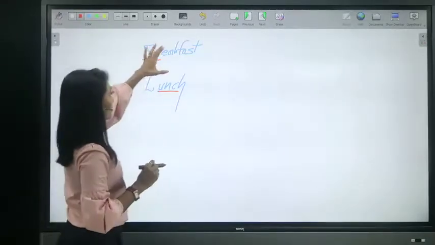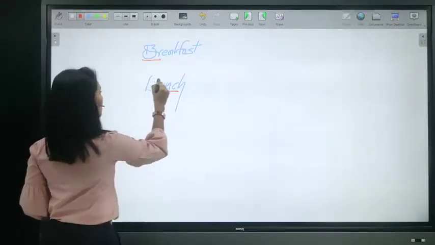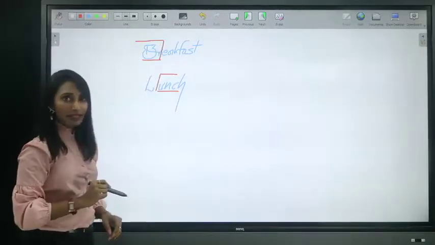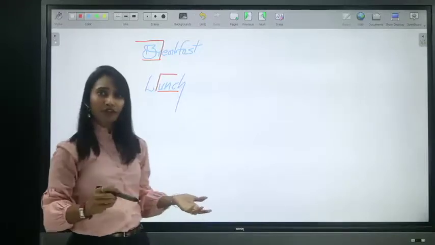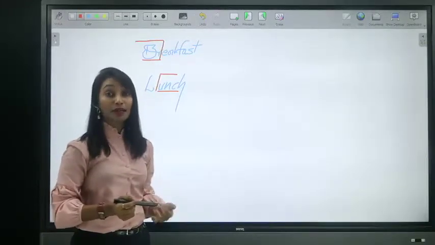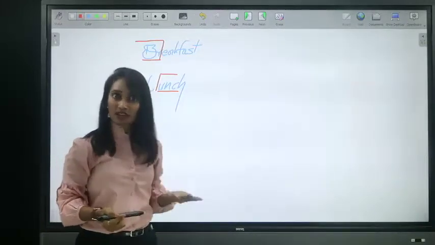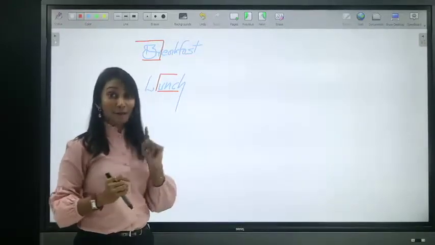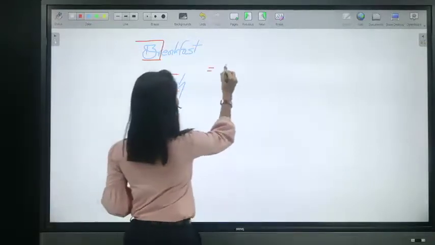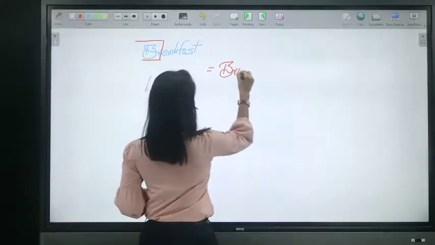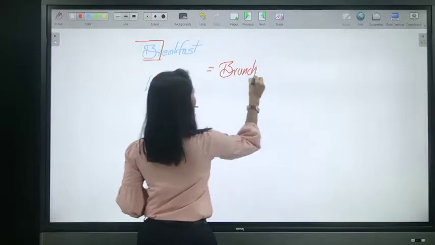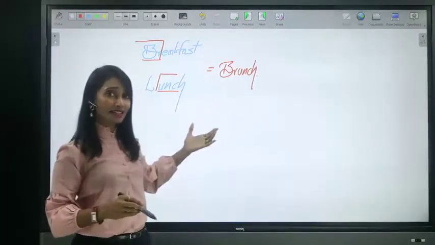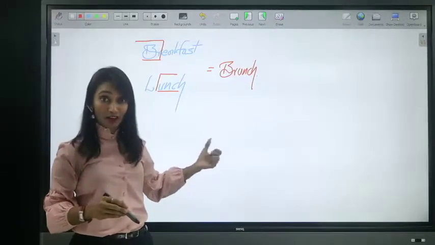So from breakfast and lunch, we got brunch. That means if you skip breakfast and you take your lunch early, that becomes brunch. There is no lunch later. It is breakfast and lunch together. That is brunch. So there are a number of words in English which are formed with this kind of blend. This is called blending of words.